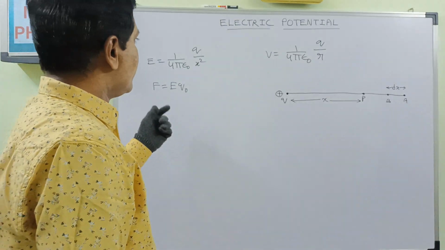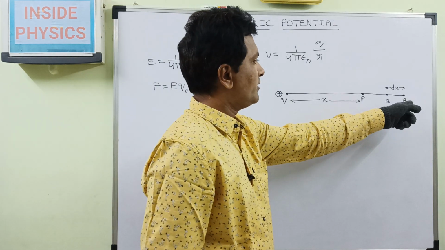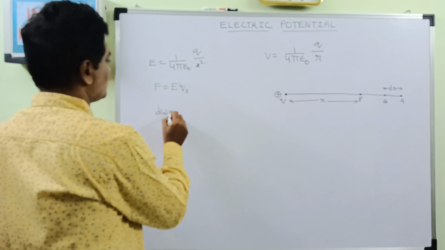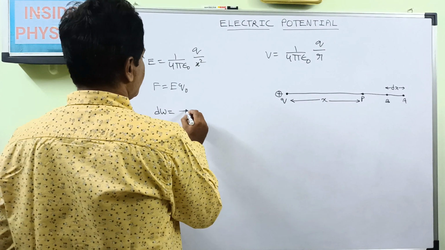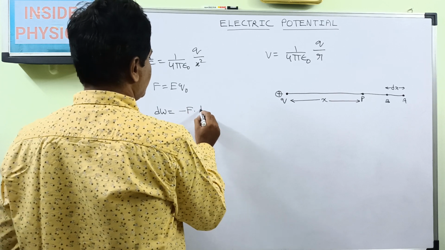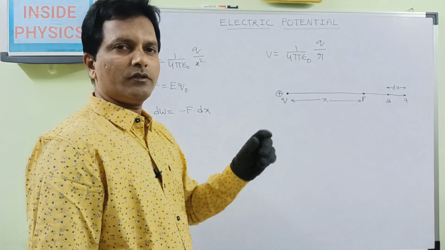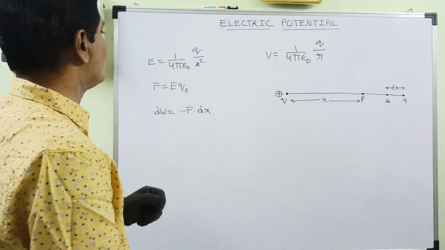Here the work done to move the unit positive charge from A to B, we will consider as dW, the small work done to move a small distance, will be minus F dx. Work done is force into distance moved.